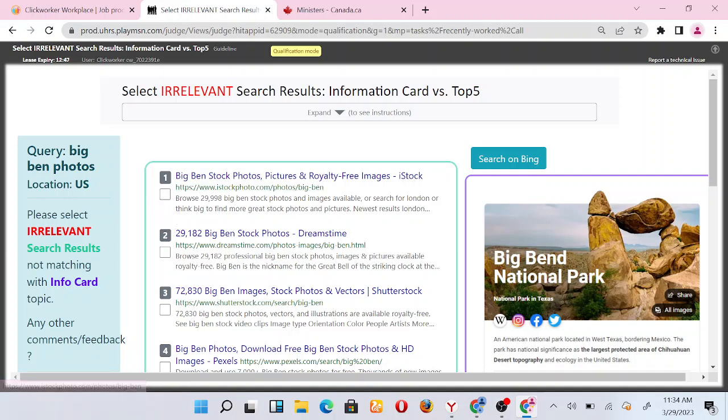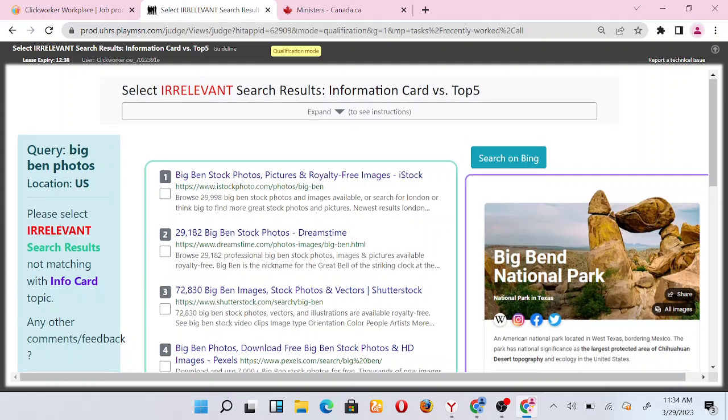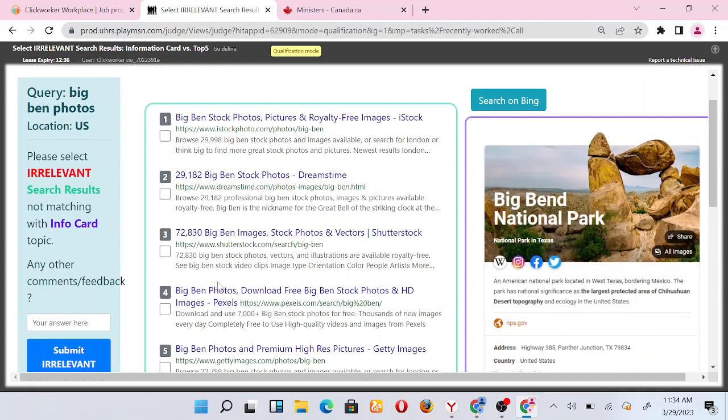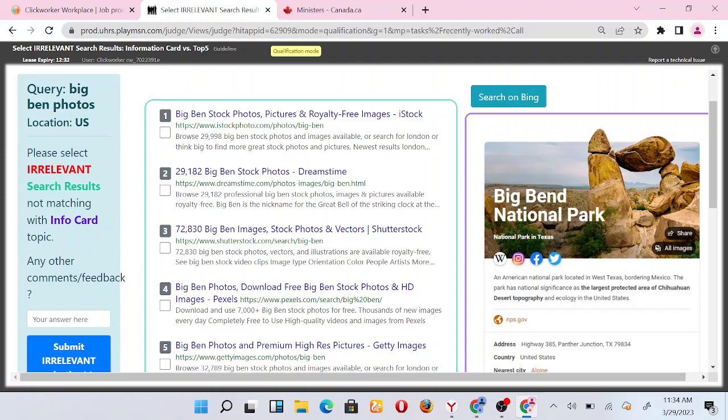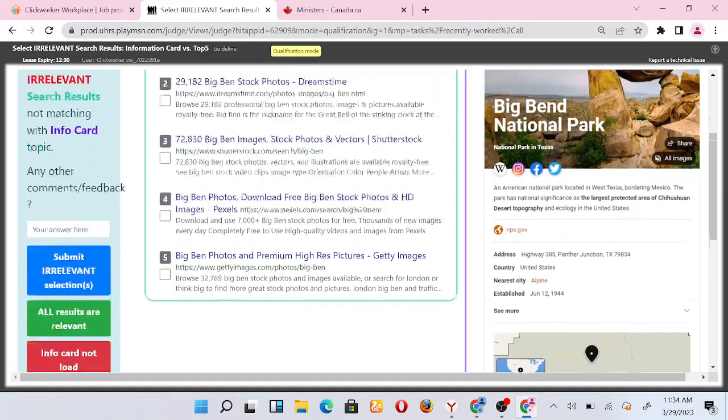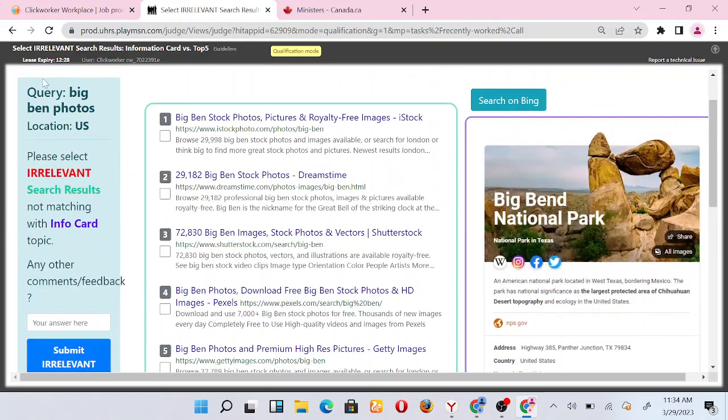This one's not relevant. This is not relevant. Big Ben images, these things are not relevant. Big Ben photos, diagram, blah blah blah. They are talking about this, not this. And this one is talking about the query, so they are all not relevant.